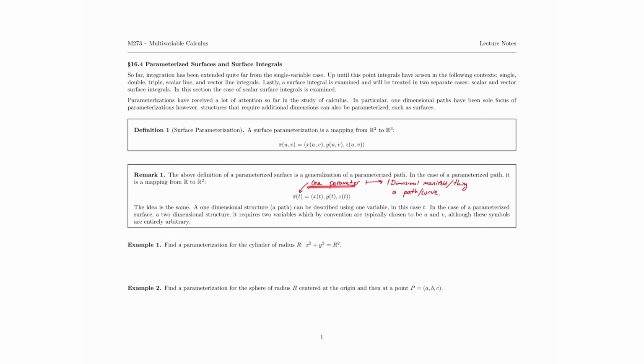Instead of one parameter, we move up to 2 parameters now. So let's just notice that here we've got 2 independent parameters. This will produce a 2-dimensional manifold, i.e. a surface.